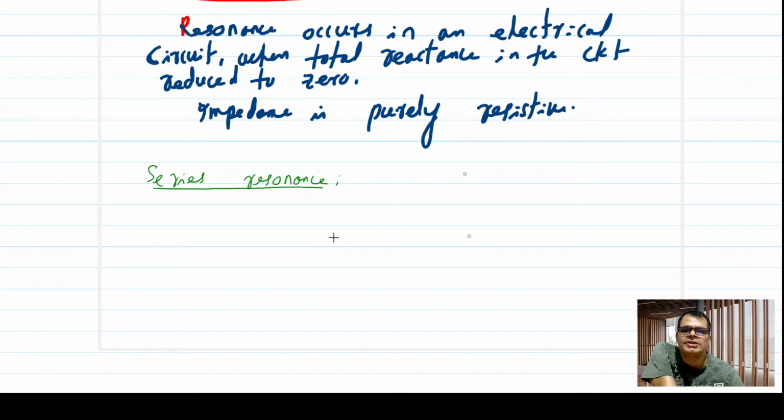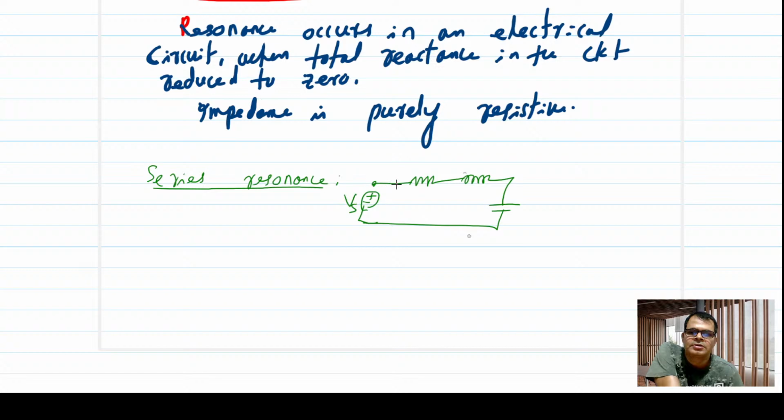Series resonance: you have a given circuit, a series connection of R, L and C, and you connect a source. I am writing everything in RMS values, R, L and C, and this is your I, right?